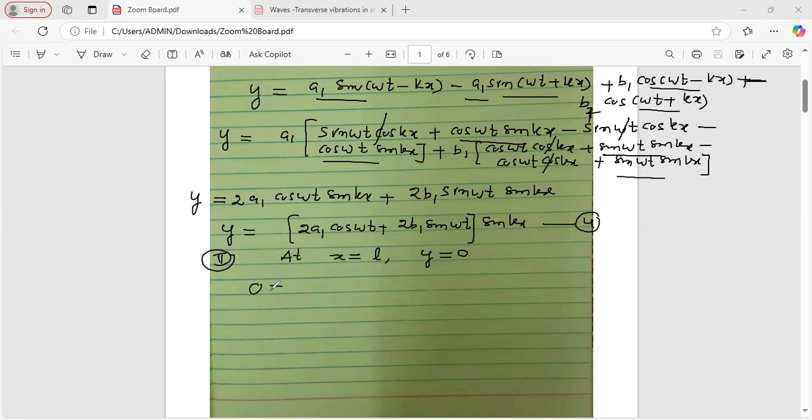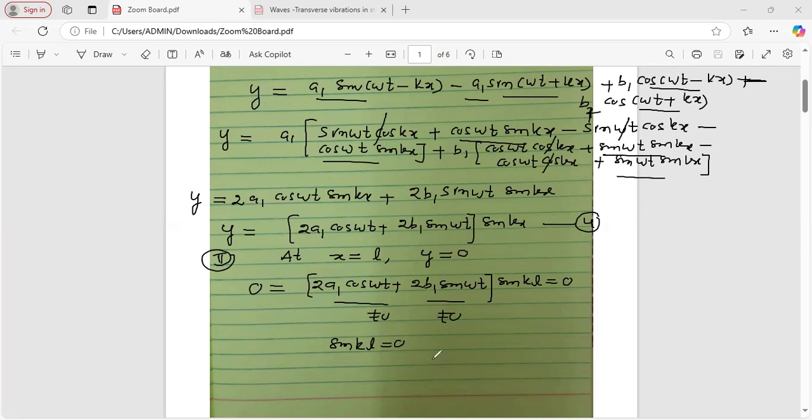Substituting that, 0 is equal to 2a1 cos omega t plus 2b1 sin omega t, into sin kl. Since cos omega t and sin omega t are not equal to 0, sin kl must be equal to 0.